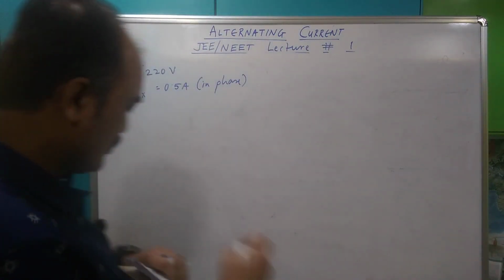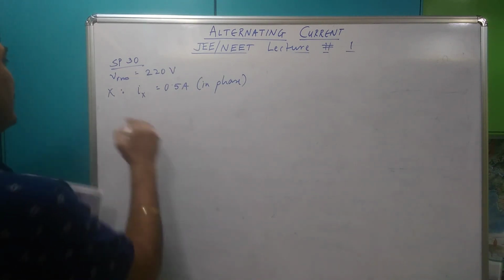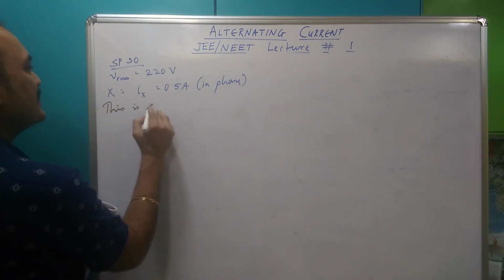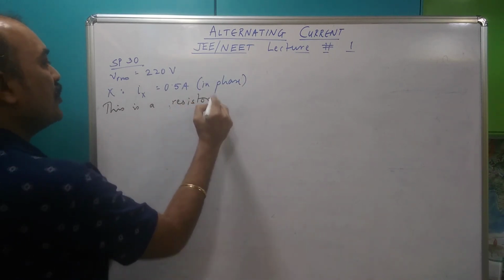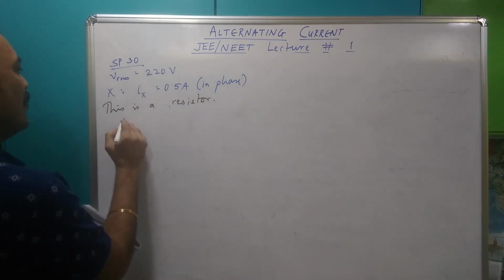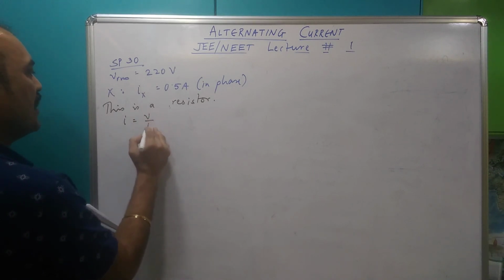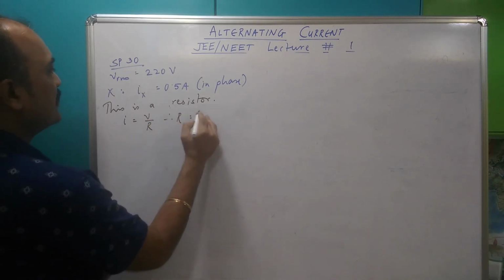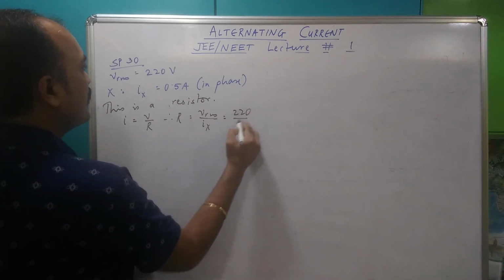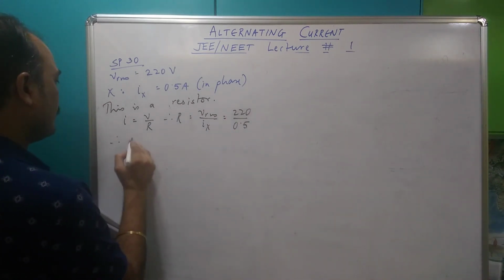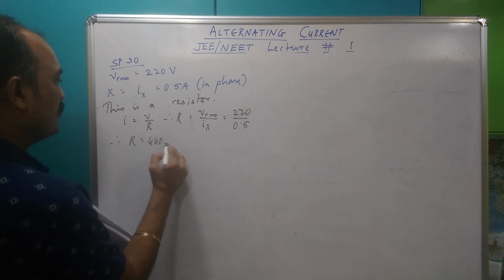Resistance होगा ना? So this is a resistor. And if you want me to find out resistance, I will. Now I is V by R. सब RMS ही है. So VRMS by IX, which is 220 by 0.5, 440 ohm.